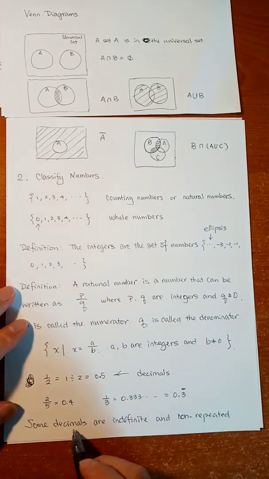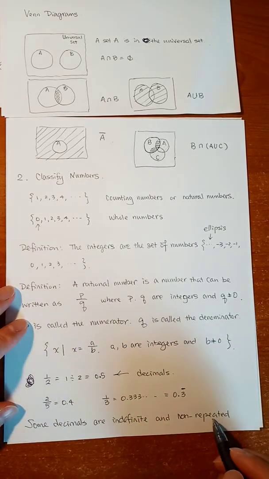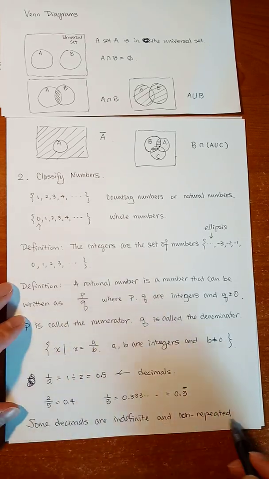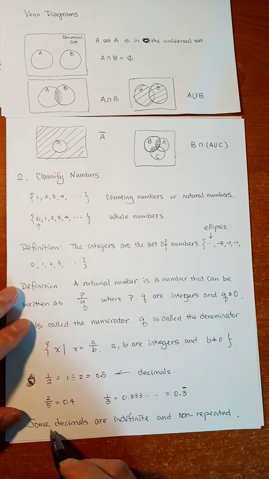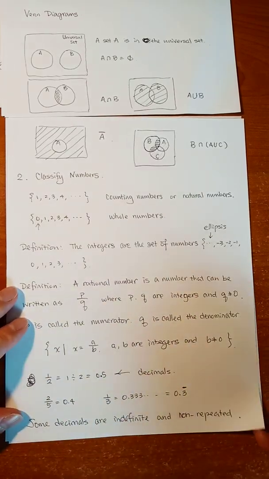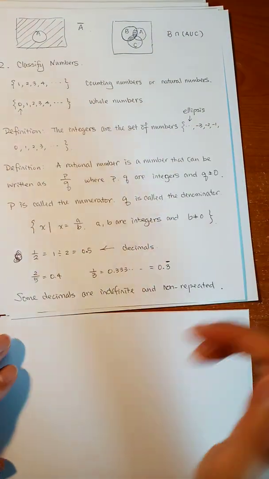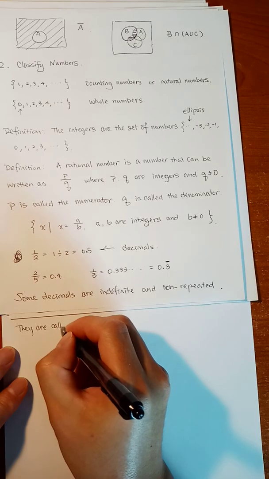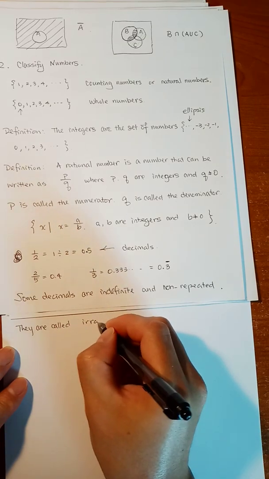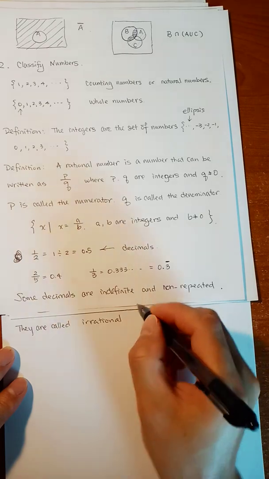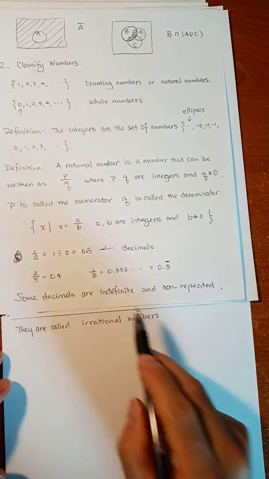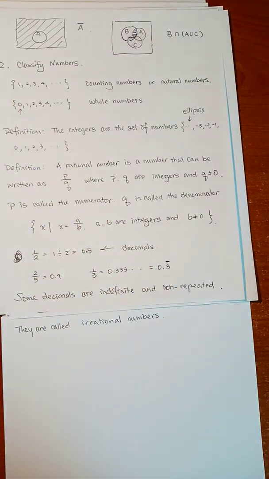This is indefinite but repeated, so it's not the case we're talking about. Indefinite non-repeated decimals are called irrational numbers.